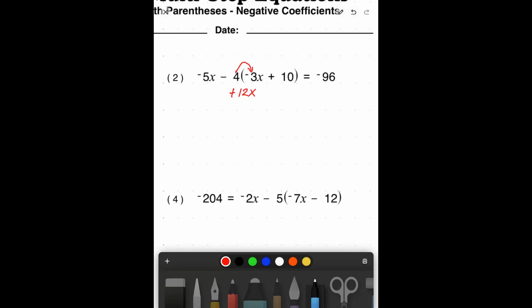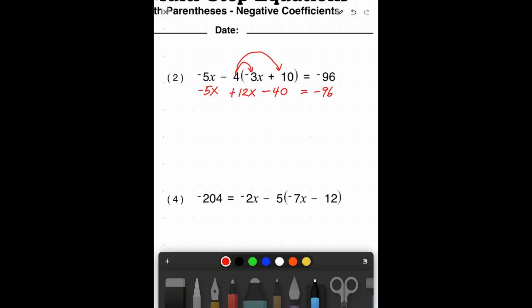And then the second part is I'm going to do -4 times a positive 10, and that's going to be -40. All right, so that is distributed. Now I'm just going to rewrite the rest of the equation. And there we have it.